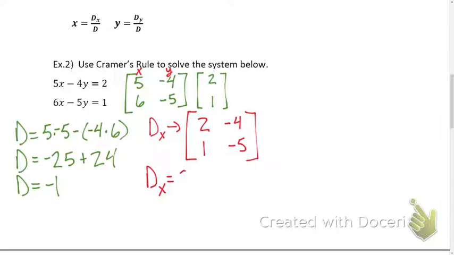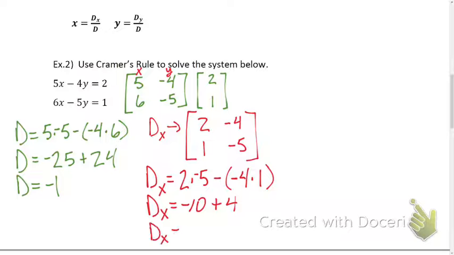So we're going to go 2 times negative 5 minus negative 4 times 1. And we get negative 6. The math is easy, but being aware of how to swap out that matrix with the constants is new. But once you see it, it's pretty easy.